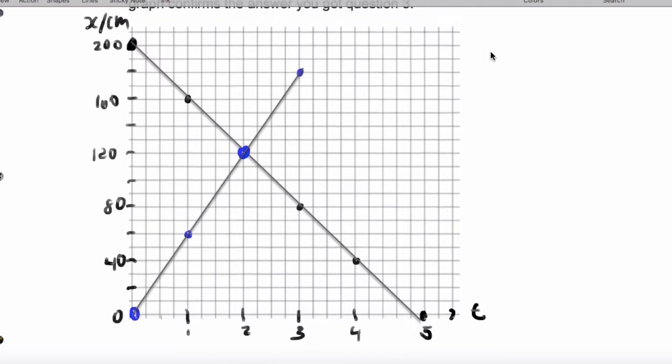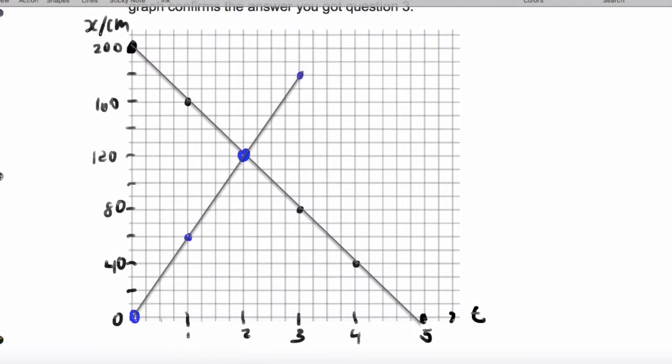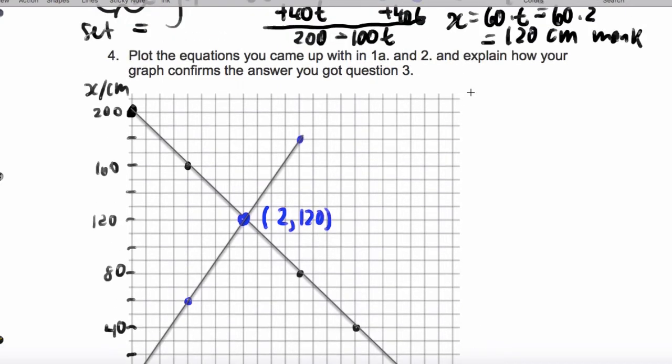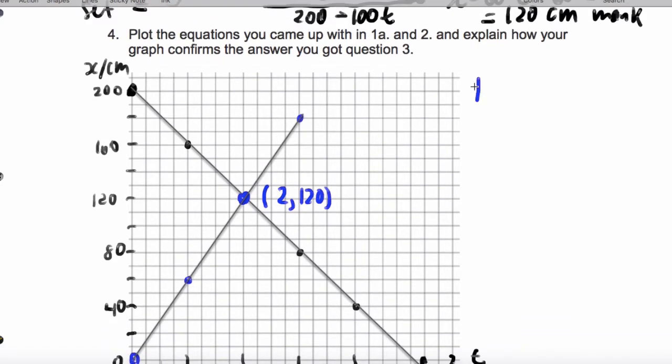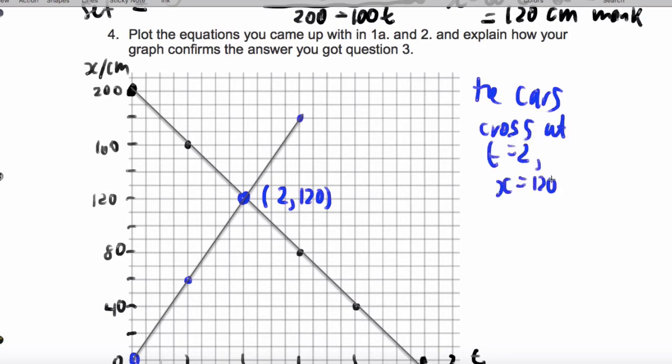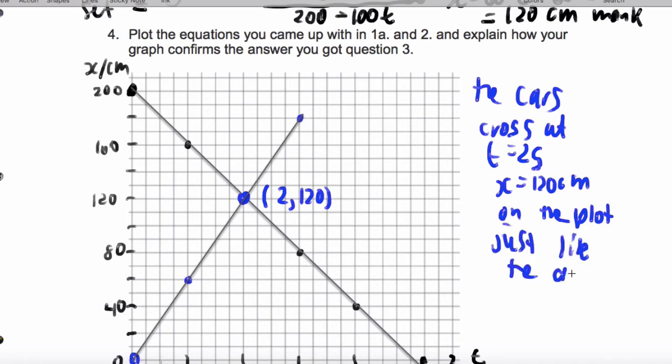Now here's what we notice. This intersection point where the cars meet is, in fact, at 120. So what does that tell us? The cars cross at t equals 2 and x equals 120 centimeters on the plot, just like the algebra above.